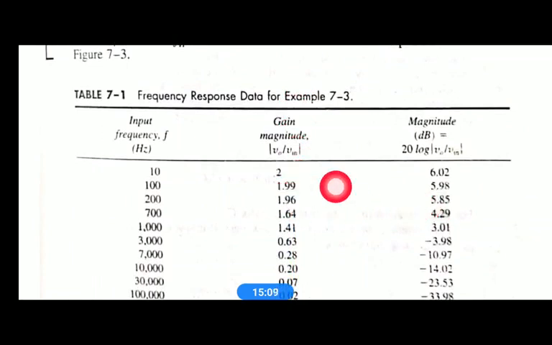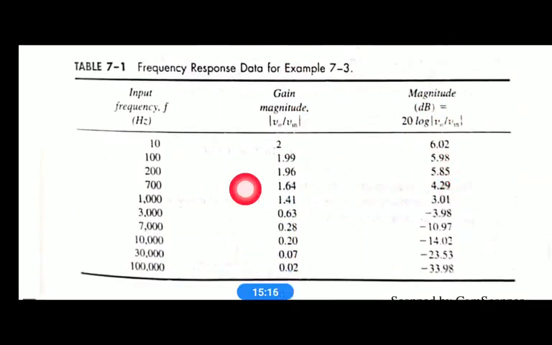Converting that into decibels using 20 log of 1.99, you get 5.98. Like that, if you give the frequency 200, you get a magnitude of 1.96, which is 5.85 dB.